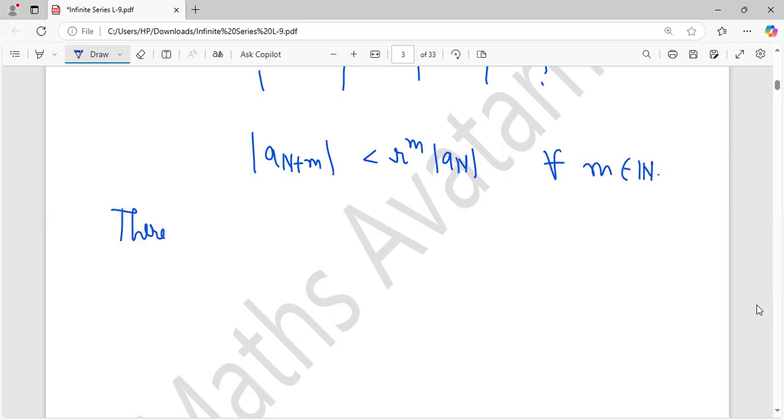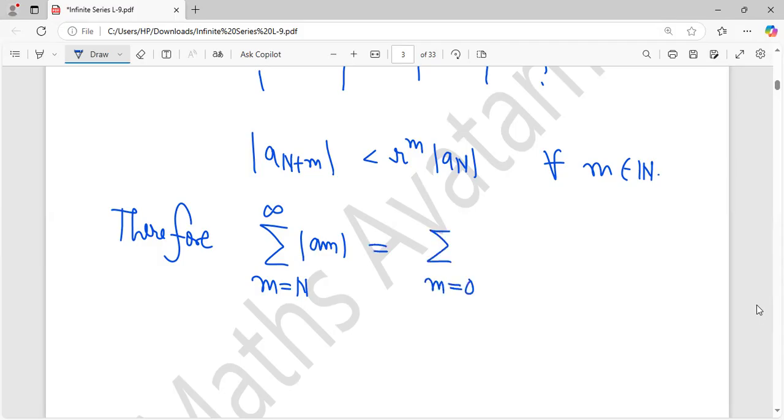Therefore, summation m goes from n to infinity of a_m, which I can write like that as summation of a_(n+m), is less than summation m goes from 0 to infinity of a_n R to the power m.